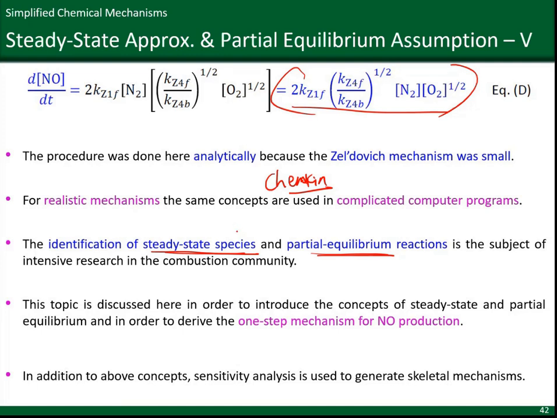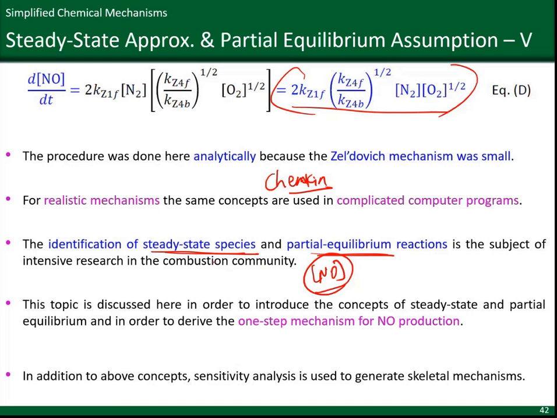Normally, what is also typically done is, once you have a given reaction mechanism, these same approximations and concepts are used to reduce it and then do a proper sensitivity analysis to see which is the most important reaction and what can be done to minimize the formation of, in this case, NO. In some cases, we may be looking at minimizing the formation of something else, or maximizing the production of something else.